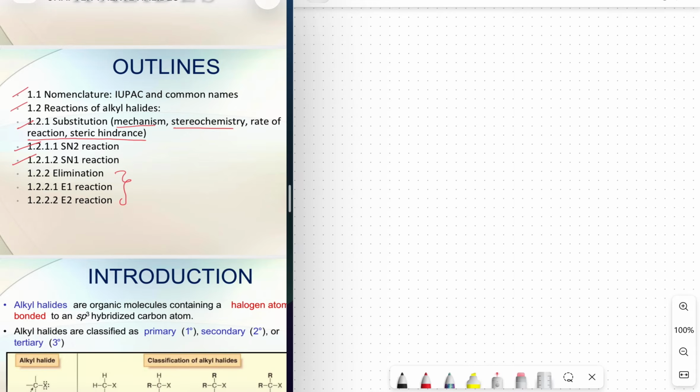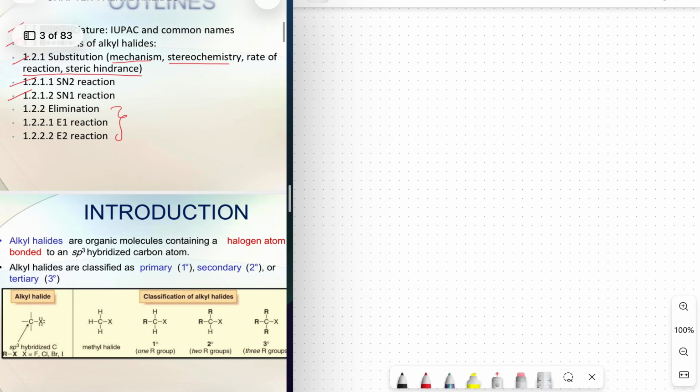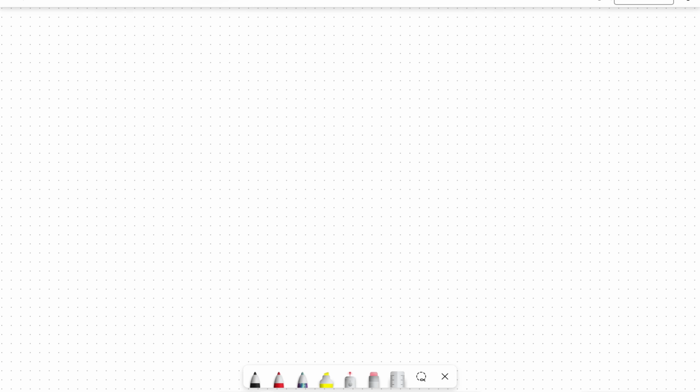So we look at the first one, which is nomenclature of IUPAC and its common name. For alkyl halides, or we call it aryl halides, depending on the type of R group attached on the halogen.